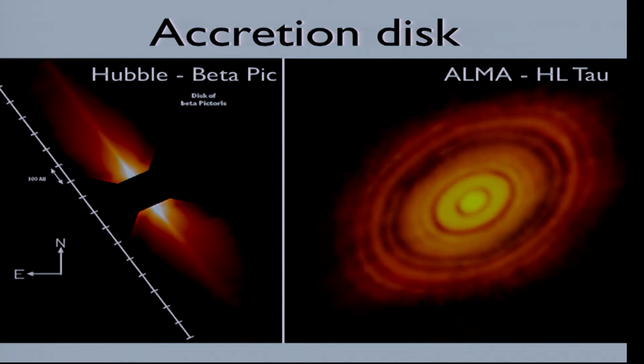So on the left here is a Hubble image of a system called Beta Pic. The star has been blocked out so that you don't lose the details for the glare of the sun. If you imagine trying to see something next to our sun, you obviously have to block out the sun before you have any hope of seeing that something.